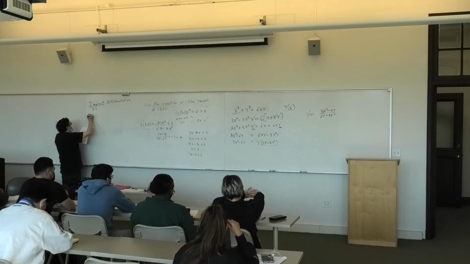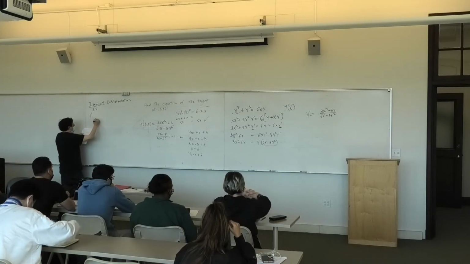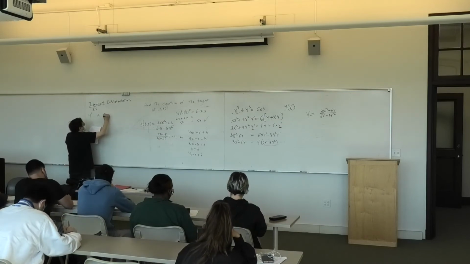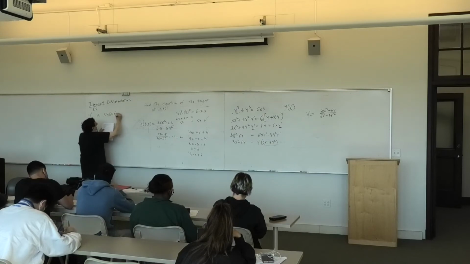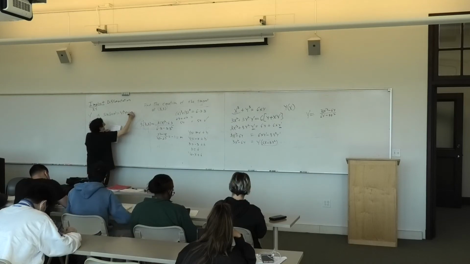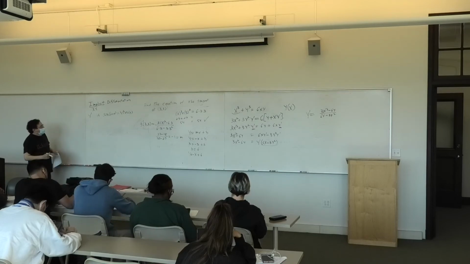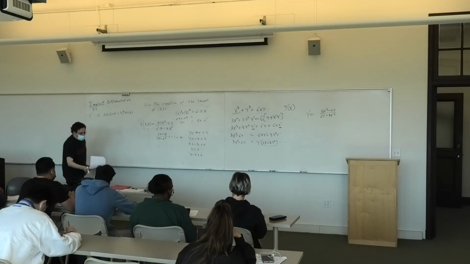You want to find y prime if we have sine of x plus y equals y squared cosine of x. It's the same strategy.